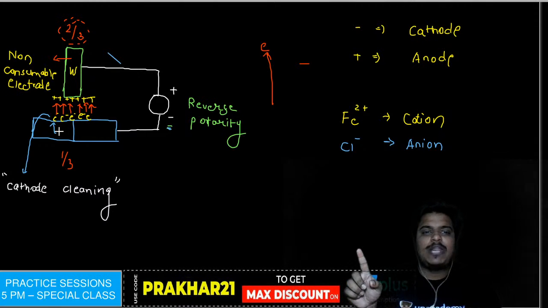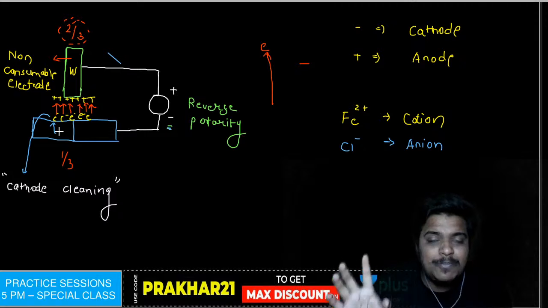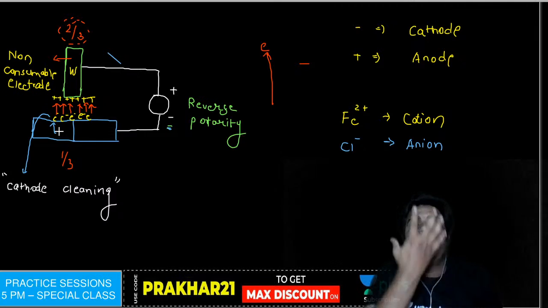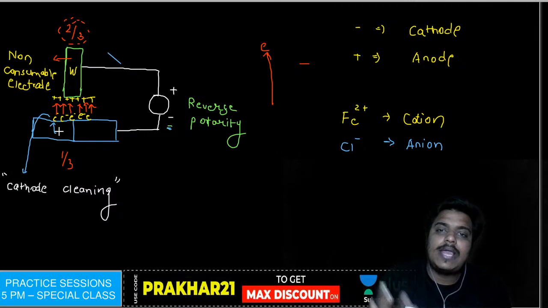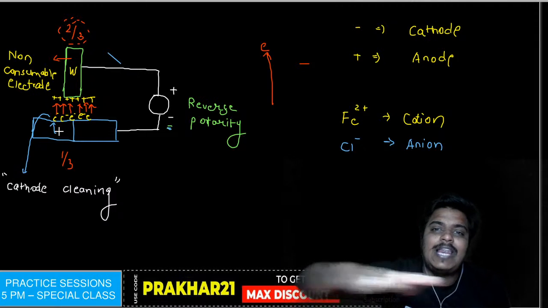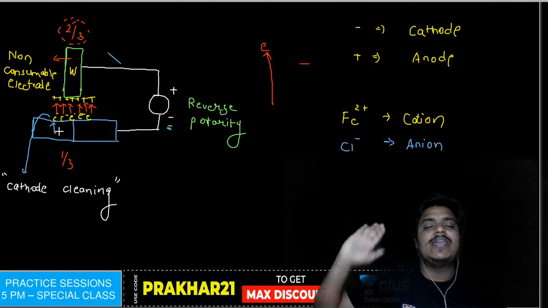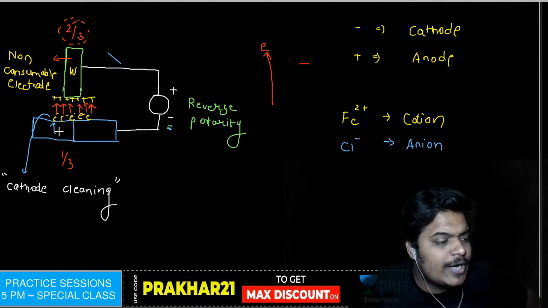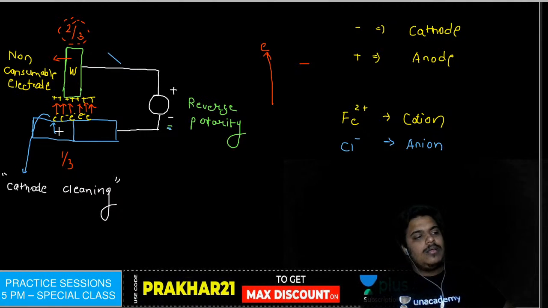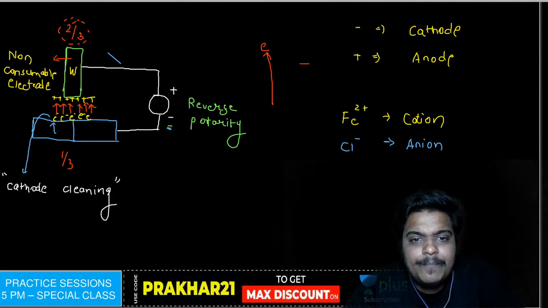So if it is reverse polarity, the electron will be released by the workpiece, and the upward movement will break the layer over the workpiece, and hence the layer is broken and welding will take place. Is it clear, Mayur Khatri?